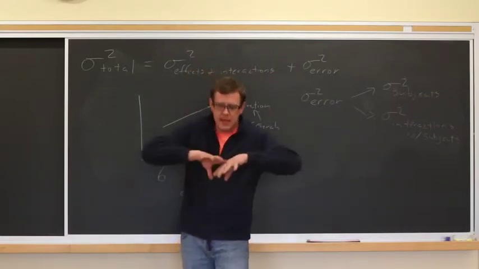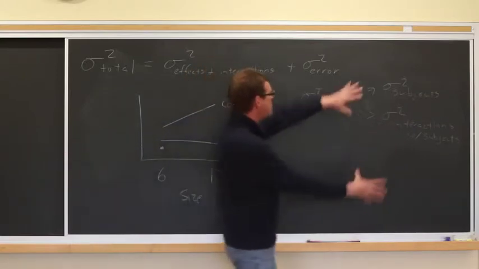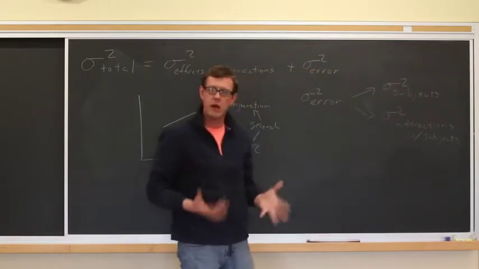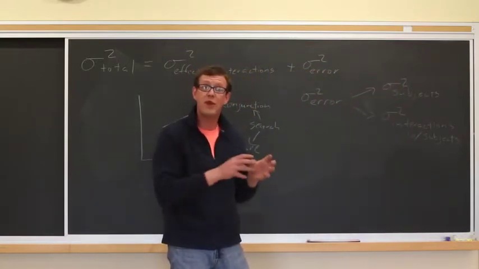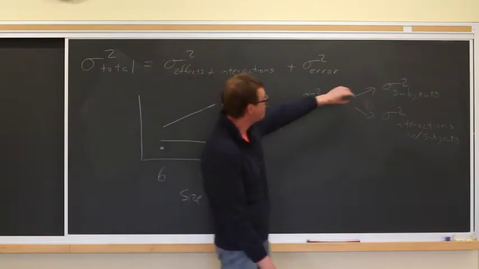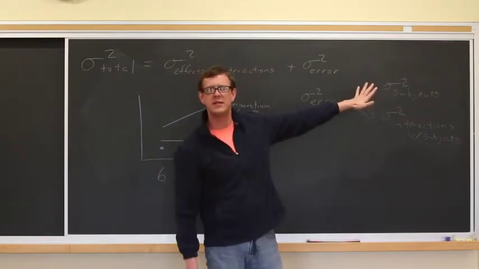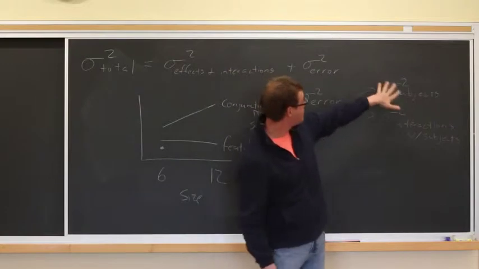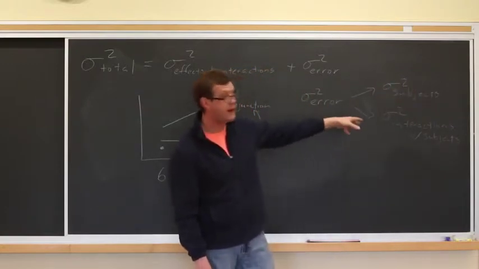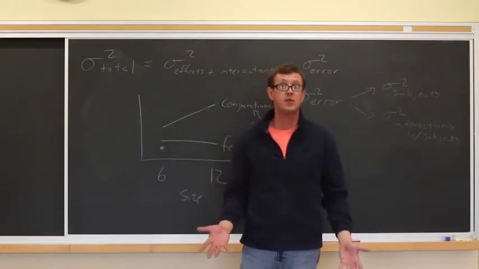So since you can't really tell between those two things, they get lumped up into a single error term. However, if you use a within subjects design, then you're able to tease apart those differences and break that error up into variance related to subjects and also variance that's related to the interactions with the subjects.